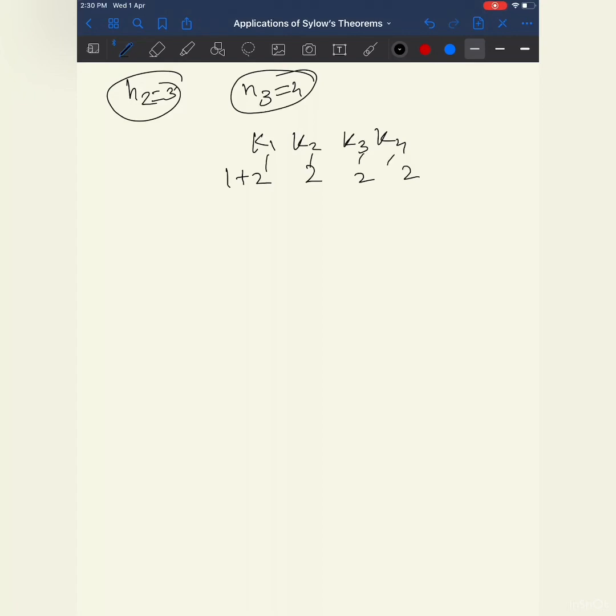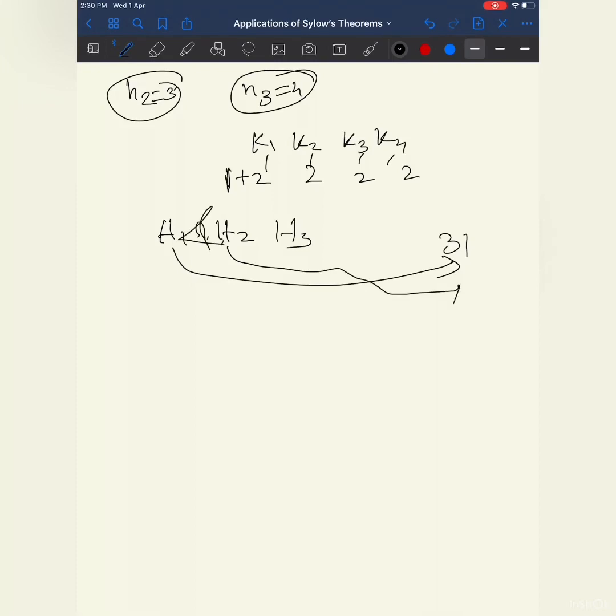Each and every one will contribute 2 elements of order 3, and 1 for the identity. Whereas if you count from the 2 Sylow subgroups, h1, h2 and h3, each has order 32, so this will count for 31 elements, but this will contribute a little bit, and we don't know how much intersection happens between them, so we have no idea what to do. This is 8 elements plus 9, so 40 plus something, under 50 only we are getting, but we are in 96.